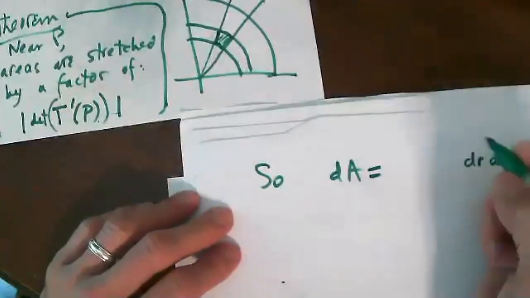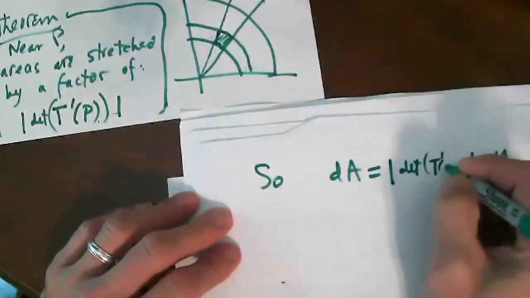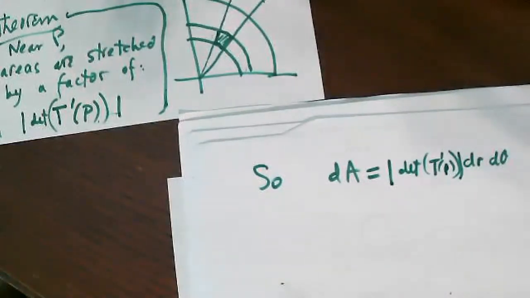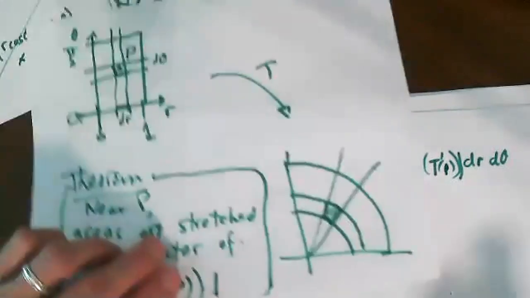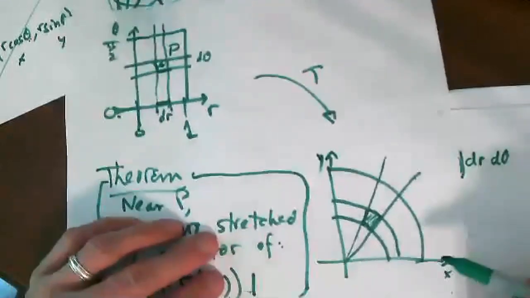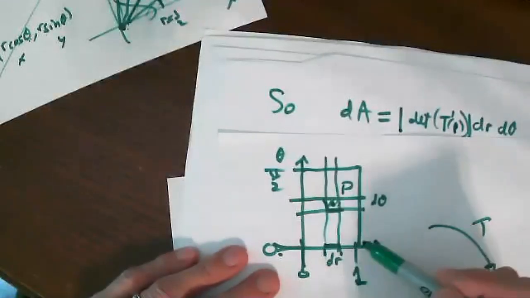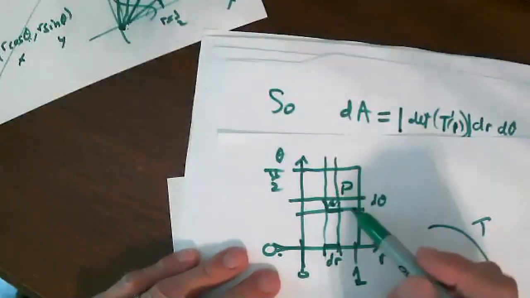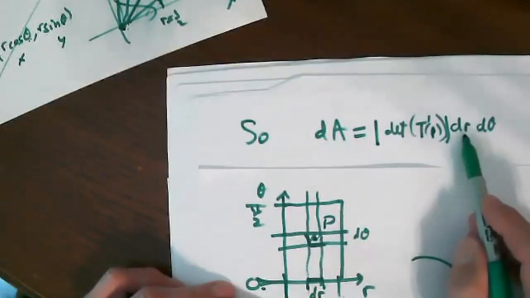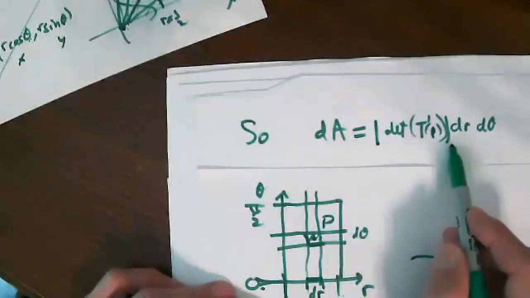So then I just need to stretch that area by this fudge factor. I need to put this in as the absolute value of the determinant of the derivative at P of the transformation function. So when you rewrite the problem in Cartesian coordinates as a problem in polar coordinates, you need to replace the little area element not by dr d theta, but by dr times d theta times this fudge factor.